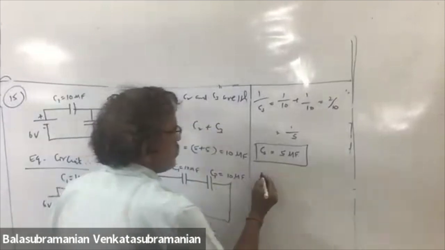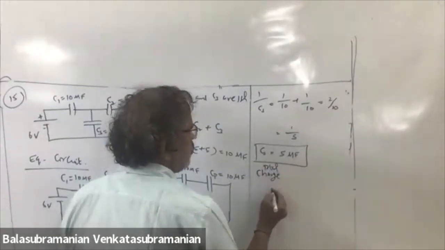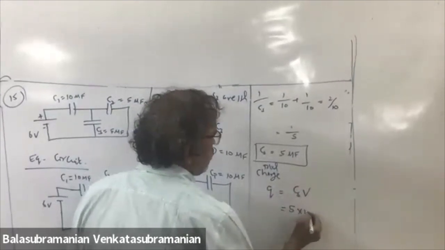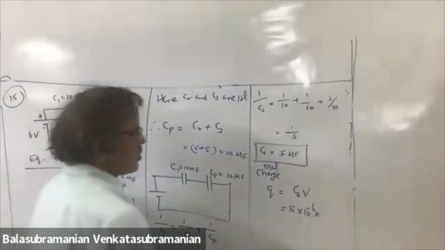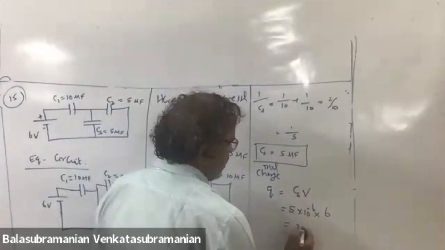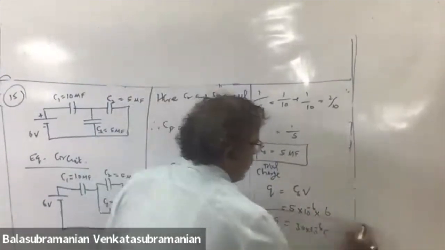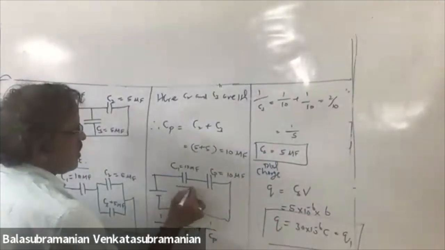So total charge Q is equal to CV, that is 5 into 10 power minus 6. Potential is 6 volt. So I can write 30 into 10 power minus 6 coulomb. That is nothing but Q1 across this.